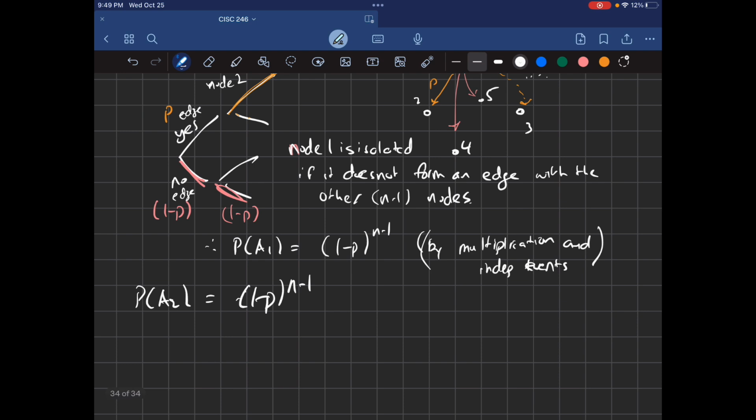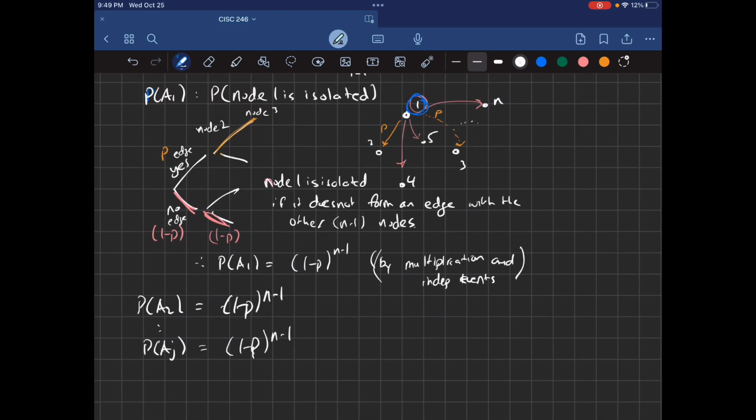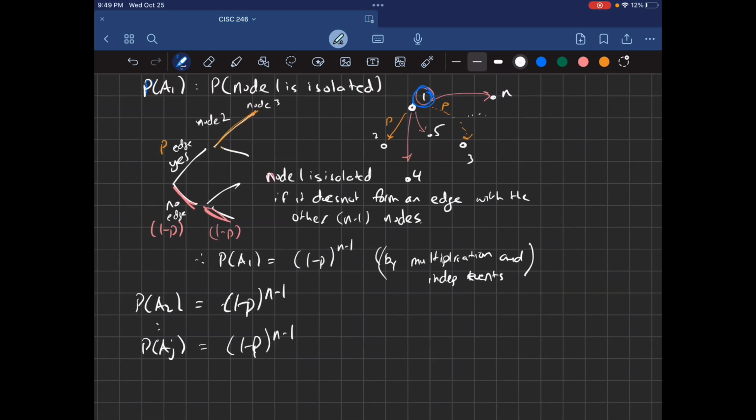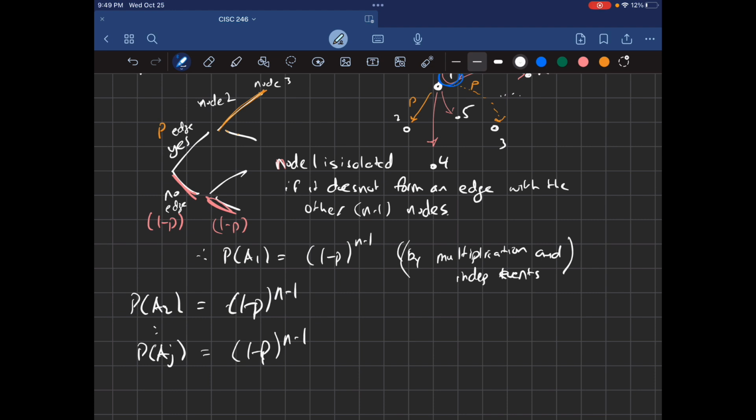And in fact, for any of these Ai, you have 1 minus p to the n minus 1 is the probability that they are isolated. And that follows by symmetry.